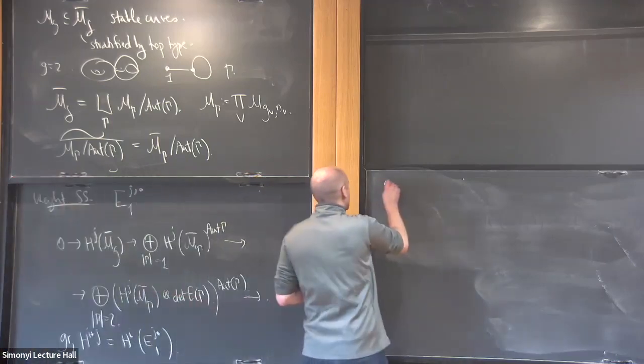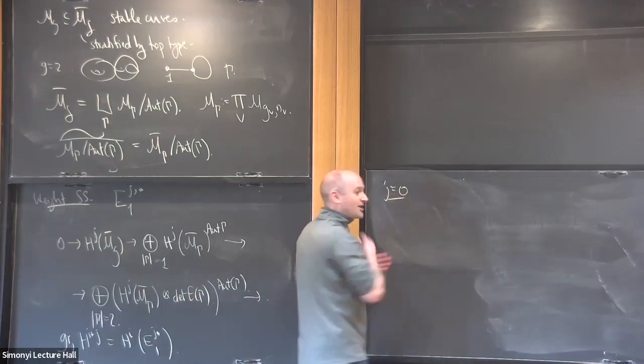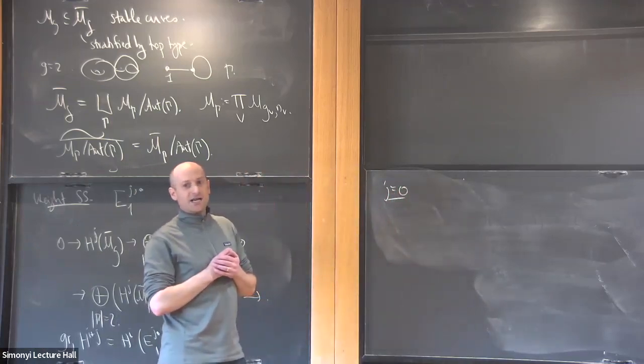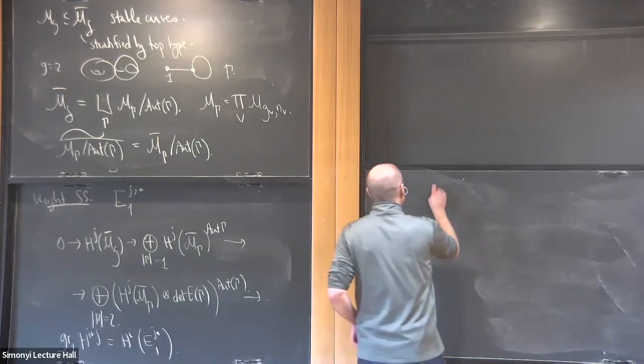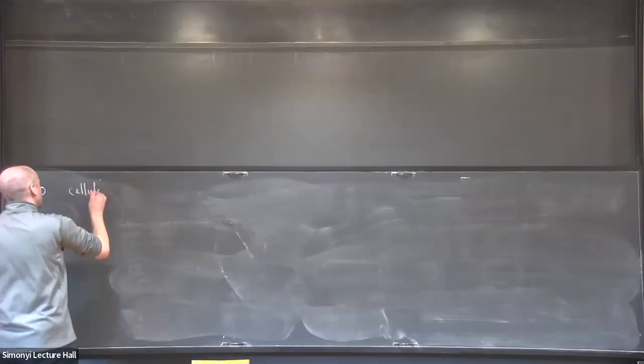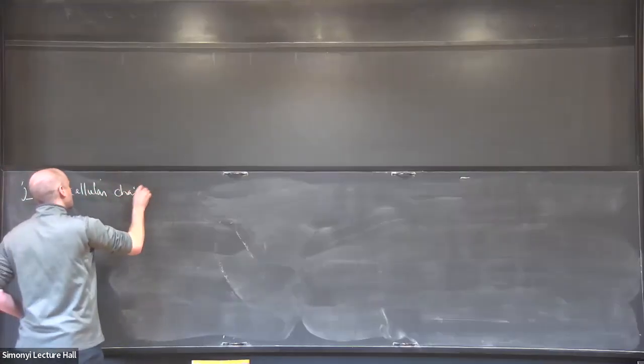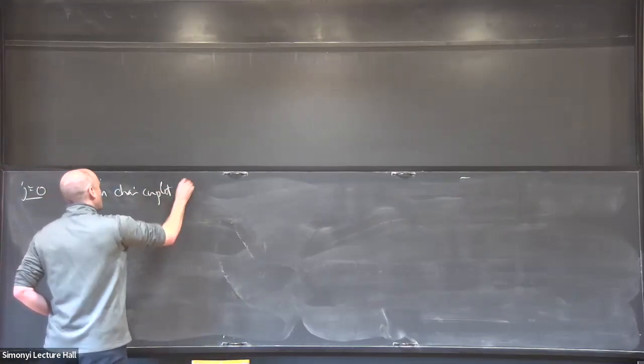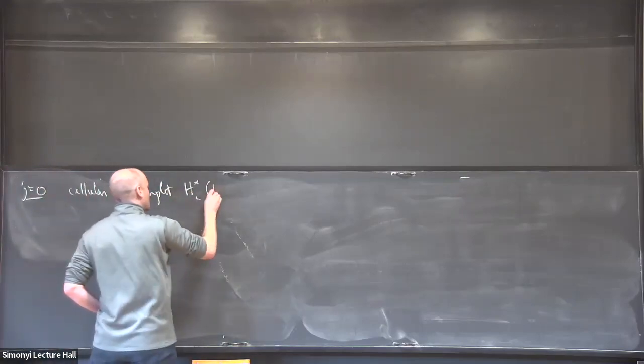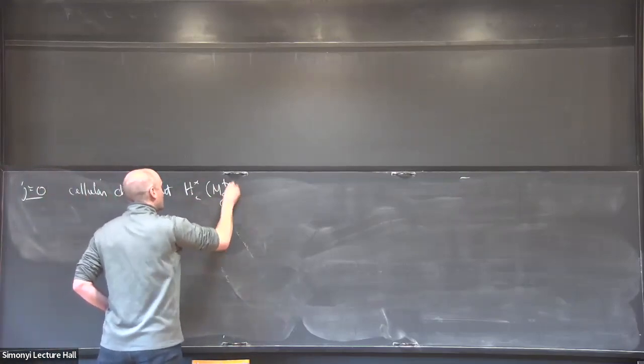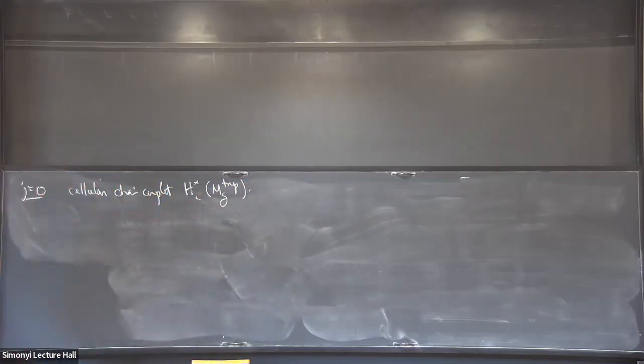So j equals 0. So there's another interpretation of the j equals 0 row. So this is the cellular chain complex that's computing the compactly supported cohomology of the tropical moduli space. So you take dual graphs of stable curves and you put an edge length on each of them.